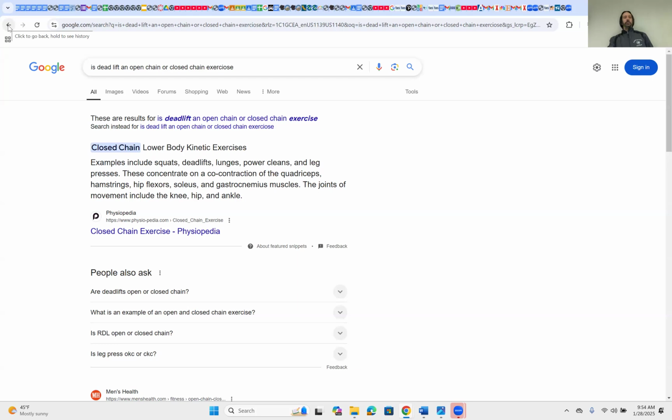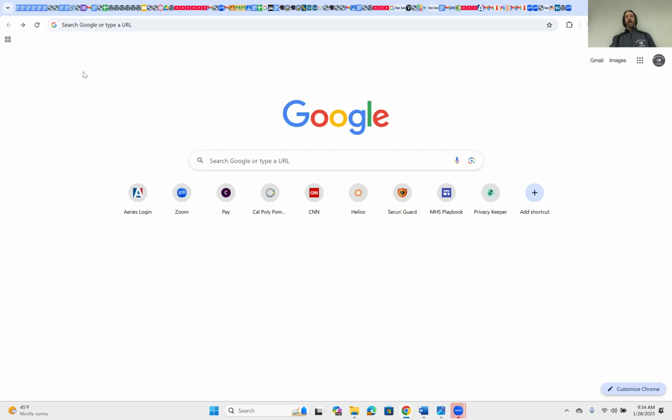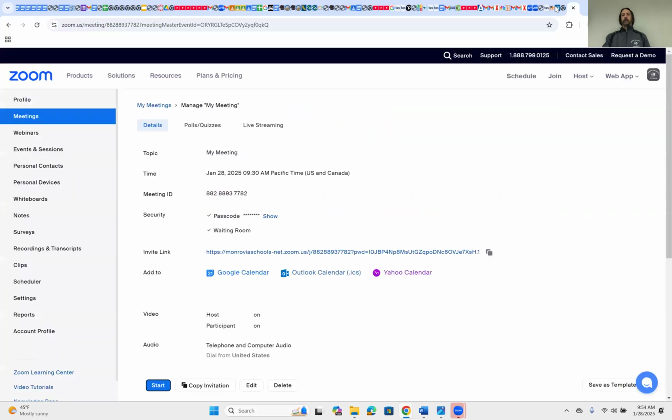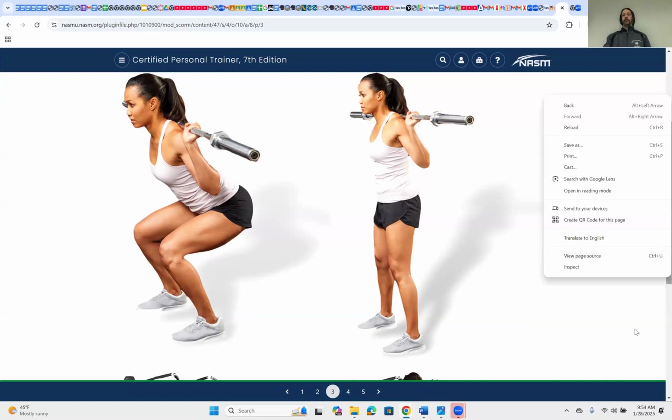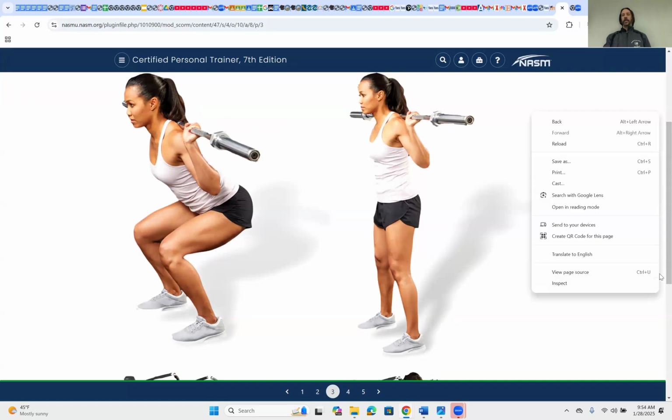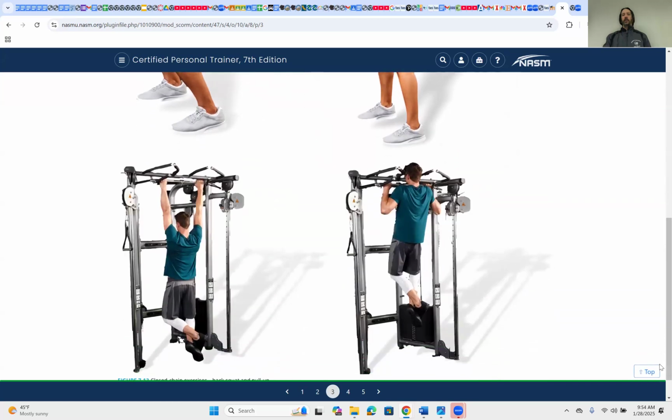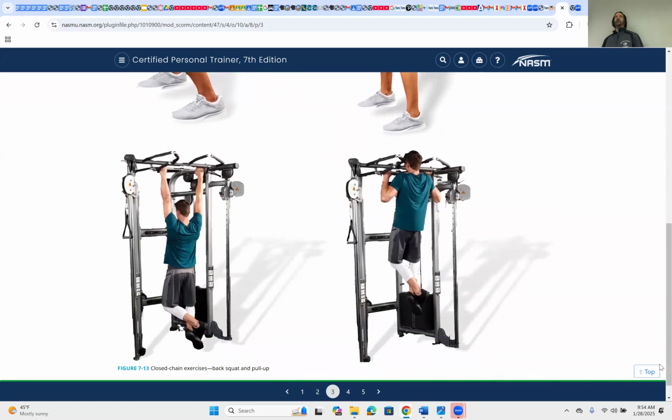Okay, so these are closed chain. How about a pull up or a chin up? Closed, right? Yeah, it's on a fixed surface or fixed point of contact.